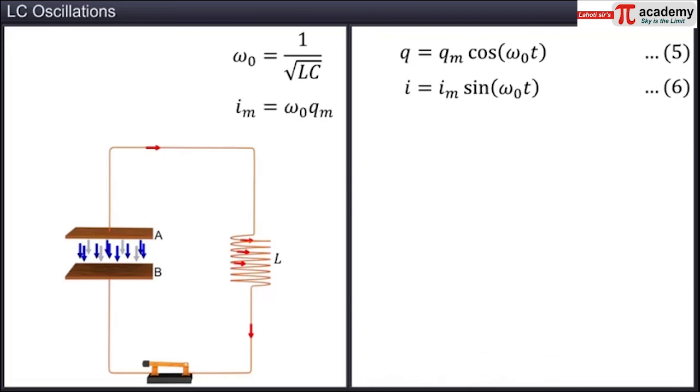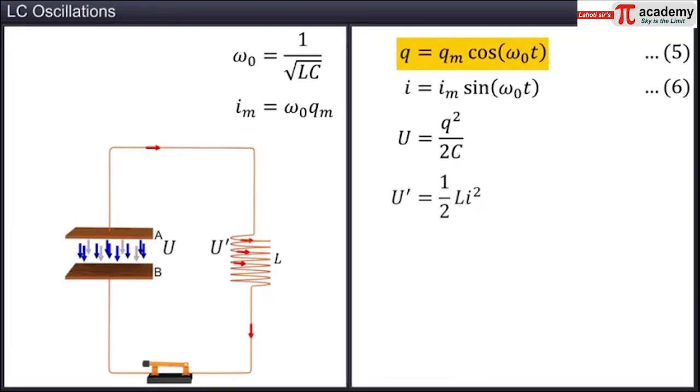Now let us analyze the LC oscillations from an energy point of view. At any instance, the energy stored in the capacitor U is equal to Q square by 2C, and the energy stored in the inductor U dash is equal to half Li square. From our previous analysis, we know that at any given time t, the charge Q is equal to Qm cos omega naught t.